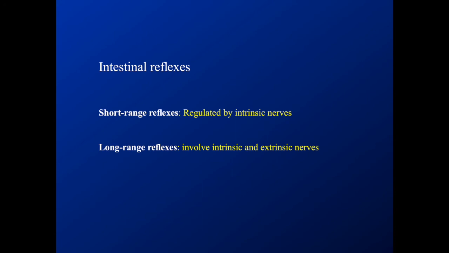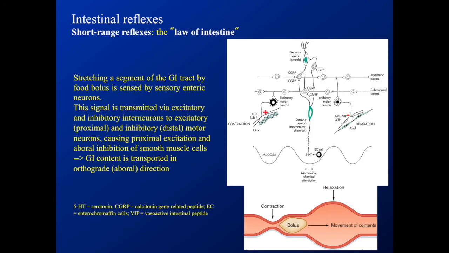Intestinal reflexes can be both short range and long range. Short range are regulated by the intrinsic nerves, and long range involves intrinsic nerves and the central nervous system. So we have this law of the intestine, which also exists in the stomach and in the esophagus.